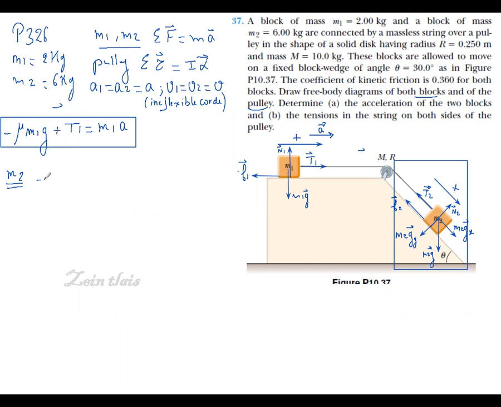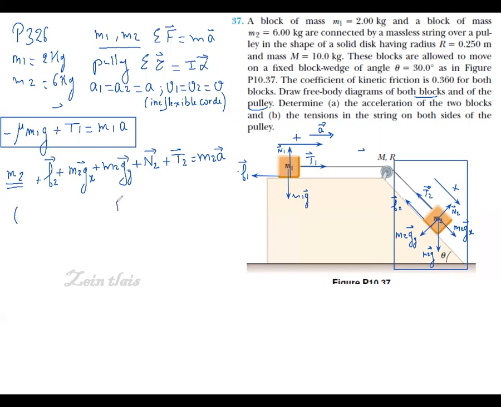We can write minus F2, or we can say F2 plus M2GX plus M2GY plus N2 plus T2 equals M2 times A. Okay, we have M2, F2, M2GY, M2GX, and N2.